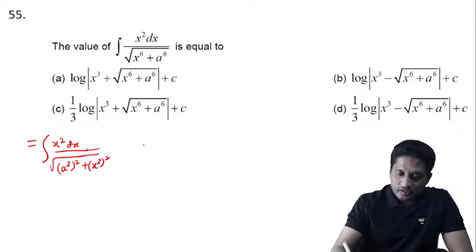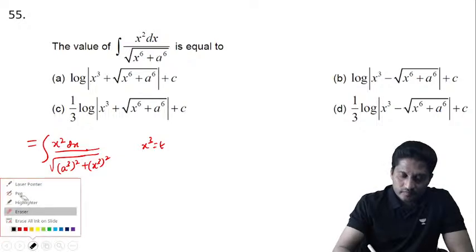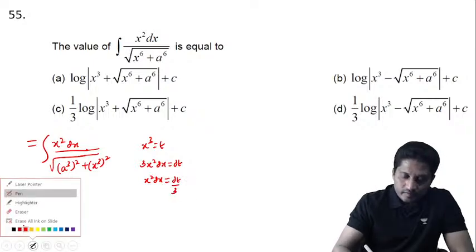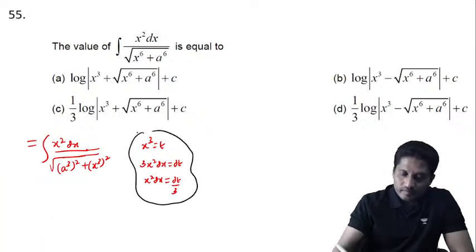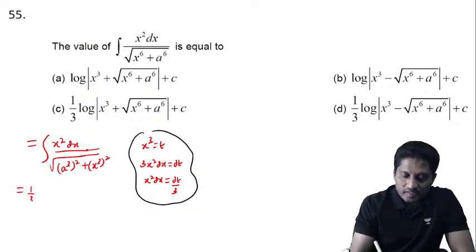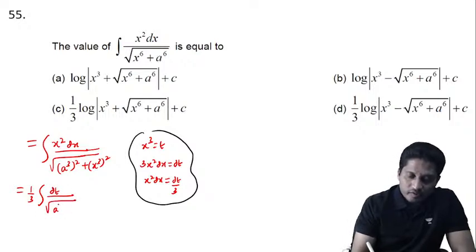Okay, now I'm going to put x cube is equal to t. 3x squared dx is equal to dt. And from this I can write x squared dx is equal to dt by 3. So this is equal to 1 by 3 into dt divided by root of a cube the whole square plus t square.